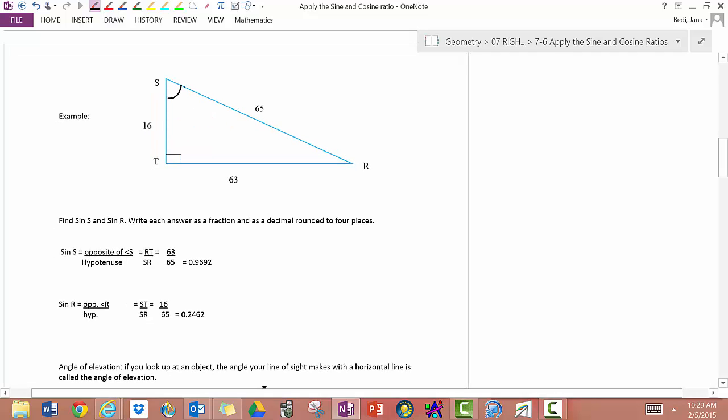Sine of S, that's opposite to S, is 63, which you see here. And then the hypotenuse is there, and similarly for cosine. The sine of S or the sine of R is equal to a ratio of two numbers which can be converted to a decimal.